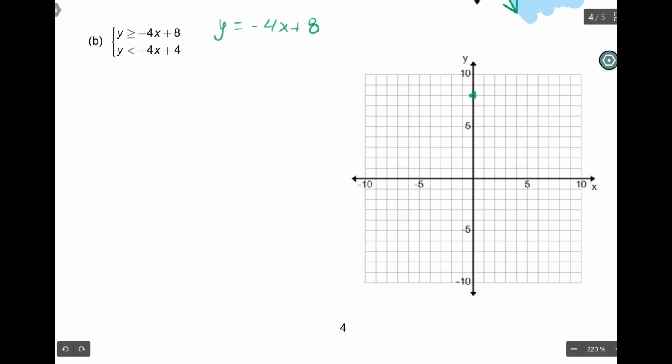Slope of negative 4, so down 4 over 1, down 4 over 1, down 4 over 1. I'm going to use my nice arrow so I can draw a straight line. Down 4. Alright, is that good? Something like that.